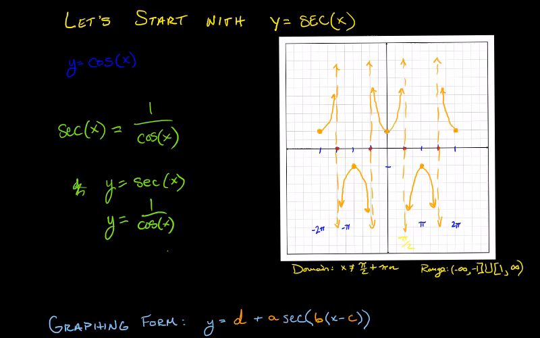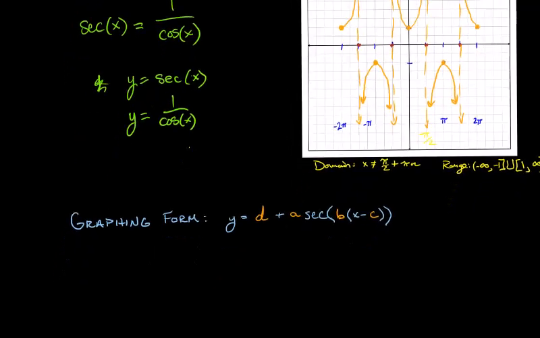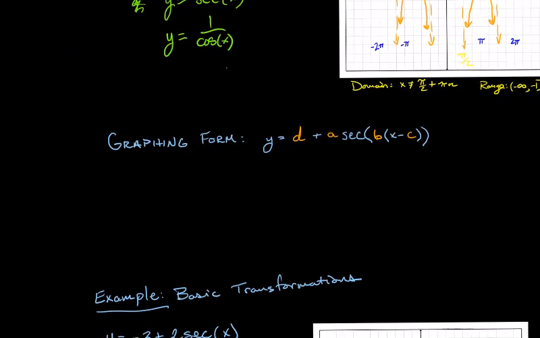I'm going to do 2 graphs in this video. I'm going to do just a basic transformations, and I'll do one that has like all the transformations. So if you've watched all my videos, you know this graphing form. D is going to do your vertical shifts. A is your amplitude and your reflections over the x-axis. I'm going to say something about B here. So remember, secant is related to cosine, and remember the period of cosine is 2 pi, right?